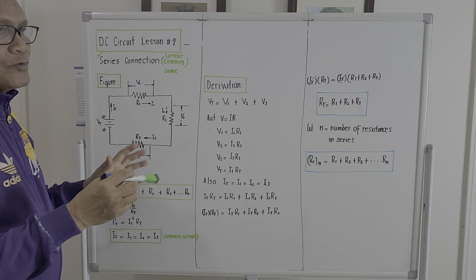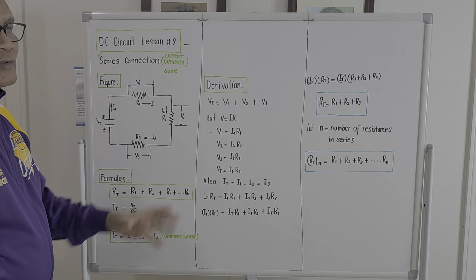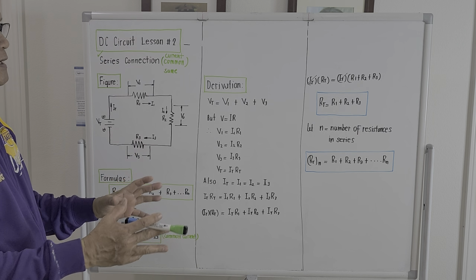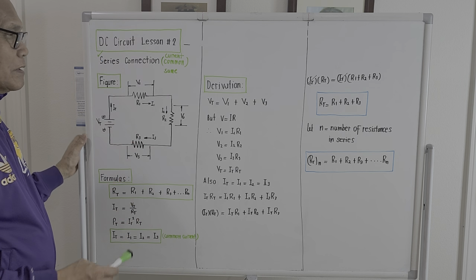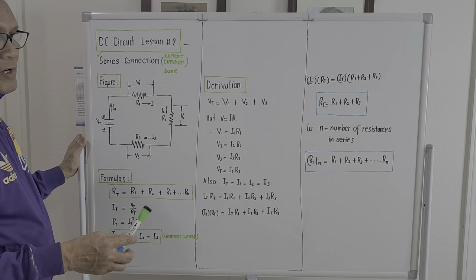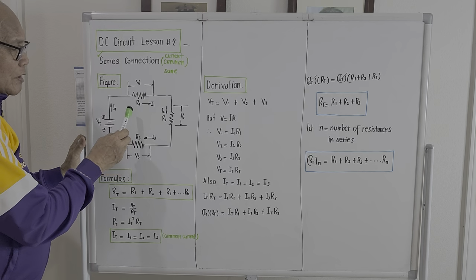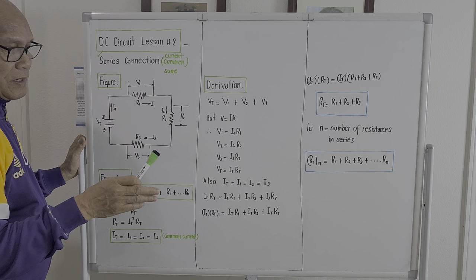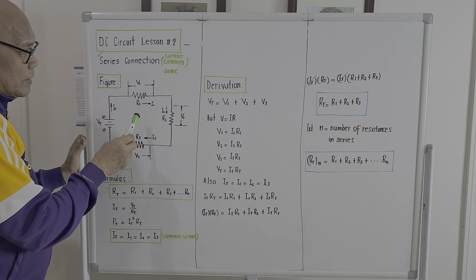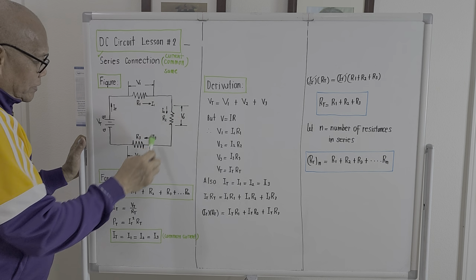If we try to figure out what a series connection is, for the meantime, I brought out a figure here indicating three resistances in series. This is R1, R2, and R3.